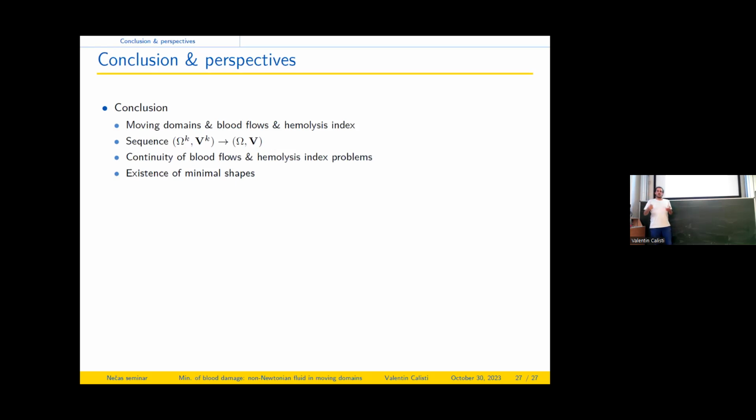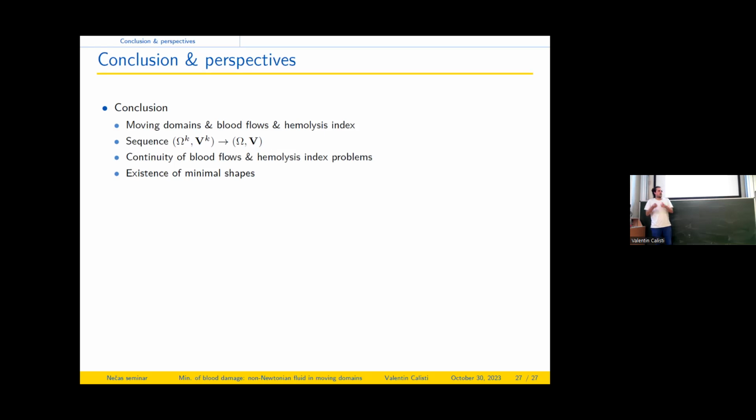So we started to study a 2D problem, because in 2D, the Navier-Stokes equations have the nice property of having a unique solution. This is good. And we also regularize somehow the hemolysis equation, because it's easier for us to define some adjoint of the hemolysis equation when it is corrected by a small diffusion term.